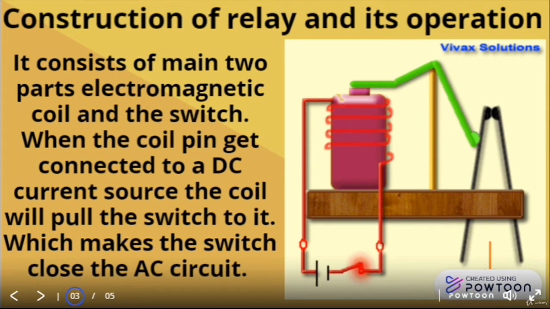Okay, let's see. This is the electromagnetic coil and this is the switch of the relay. If we connect a DC current, this DC signal, to the electromagnetic coil, the electromagnetic coil will pull this part, and then it will make the two switch contacts close and connect together, which means the current will be able to flow through them easily.